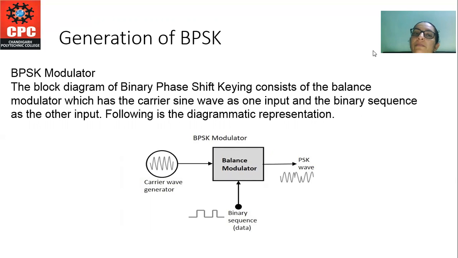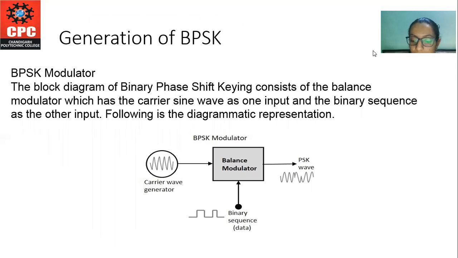Now starting with the generation of PSK. The block diagram is available on your screens, and it consists of a balanced modulator which has the carrier sine wave as one input and the binary sequence as the other input. Diagram representation is on your screens.